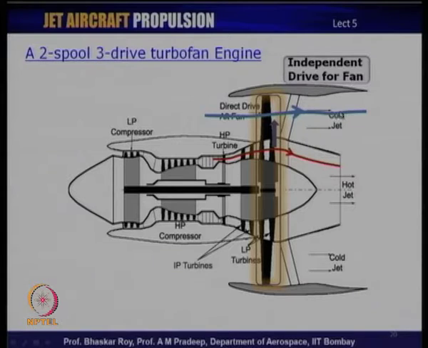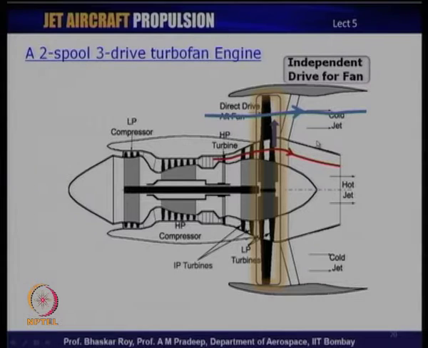Now, this bypass flow of course produces the cold bypass thrust. So, we have a hot inner thrust and a cold outer thrust, and this combination goes out producing a very large amount of thrust.